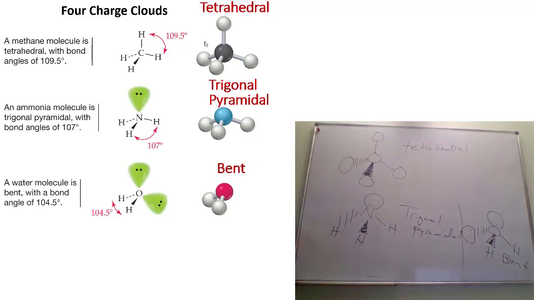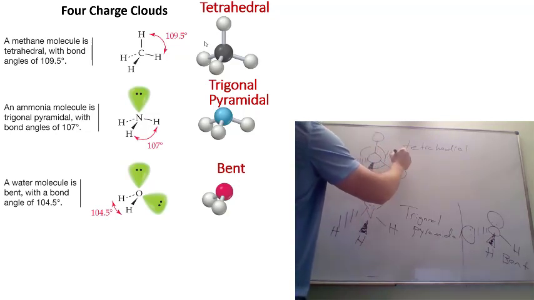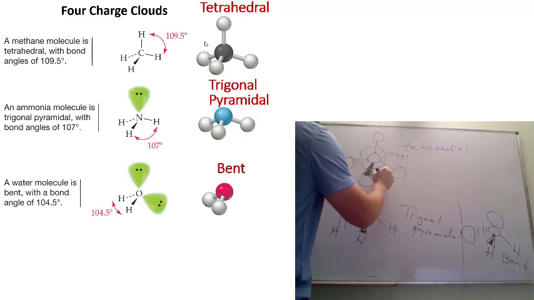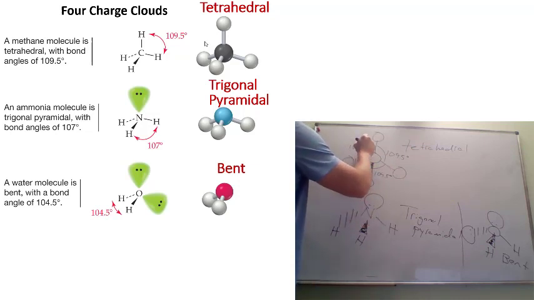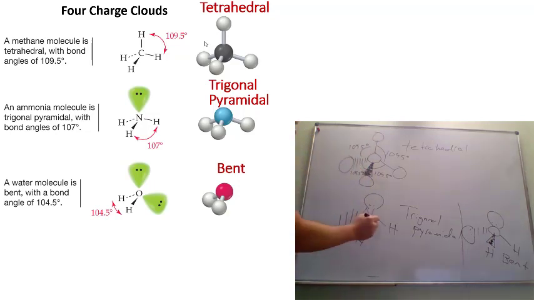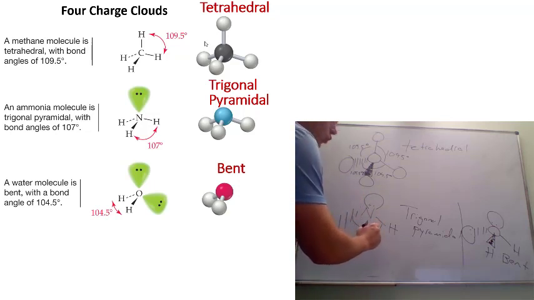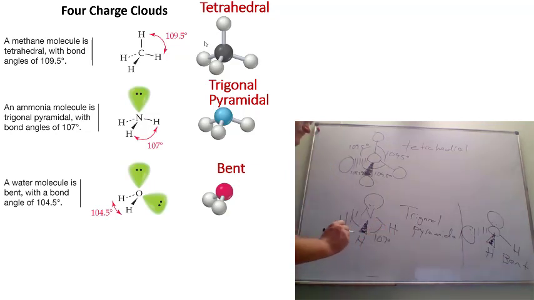Okay, so let's take a look here at the bond angle between each of these individual daughter structures of the tetrahedral parent structure. For the tetrahedral, where all of them are bonds, all of these bond angles are equal to 109.5 degrees. Whereas for the trigonal pyramidal, these hydrogen-nitrogen-hydrogen bond angles are equal to 107 degrees.